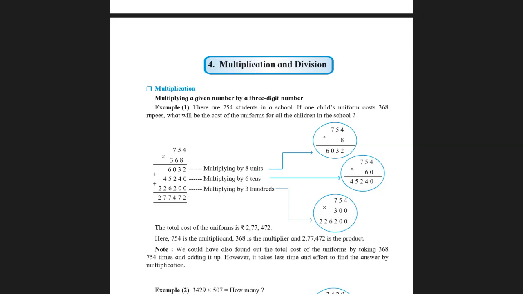So 4 carry over 2. Now that 2 is carried over and written on top of 5. 6 5s are 30 plus 2, 32. So 2 carry over 3. 6 sevens are 42 plus 3 is 45. So that's 4, 5, 2, 4.